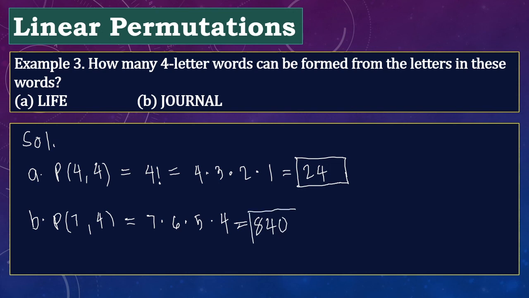Okay, so for letter B, we have 840 4-letter words that can be formed from the letters in the word journal. Okay, so I hope na-gets ninyo ang ating mga examples.